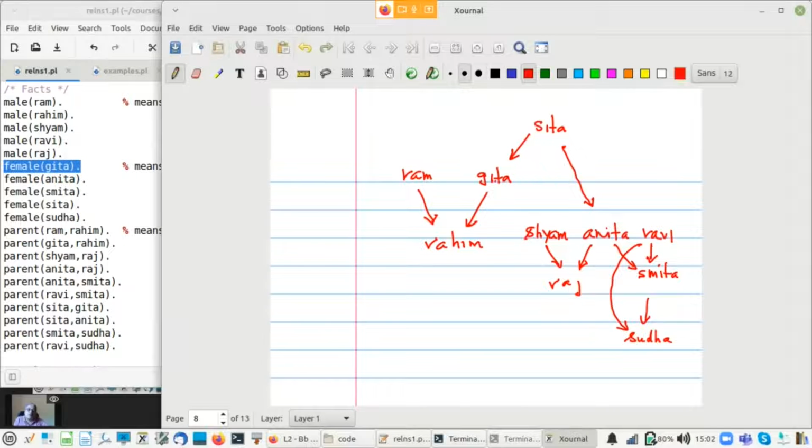Sita is the mother of Gita, Gita is the mother of Rahim, Sita is the mother of Anita, Anita is the mother of Raj, Anita is the mother of Smita, Smita is the mother of Sudha. All of these instantiations will make the mother relation true.